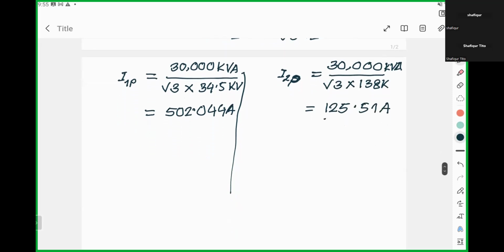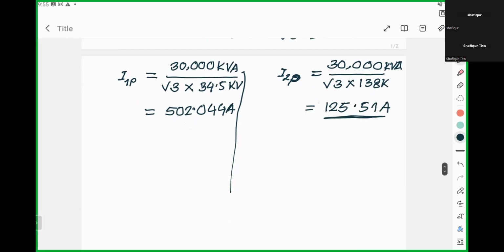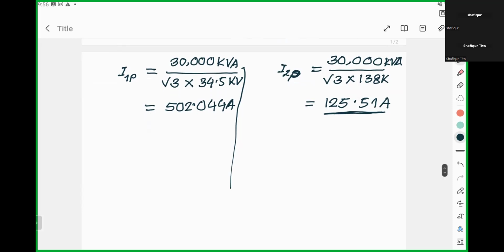Now, as this one is smaller, we will start our turn ratio calculation with this one, and I want to convert this one to 5 ampere, and the nearest value that we can get would be a turn ratio of 5 divided by 150. And using this turn ratio, I can find out what would be the current in the secondary of the CT.